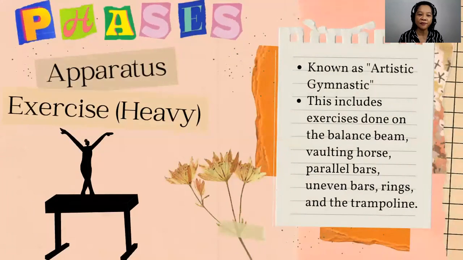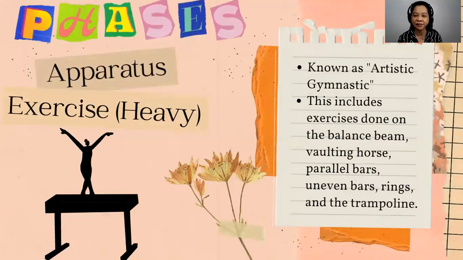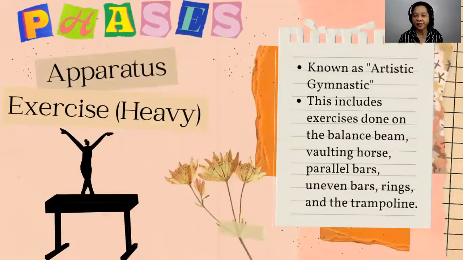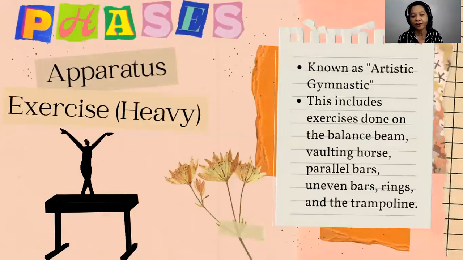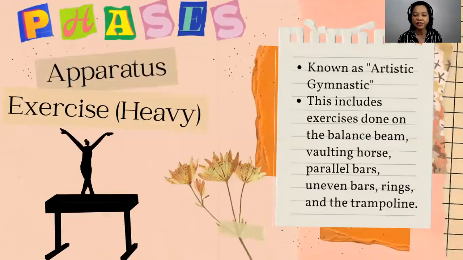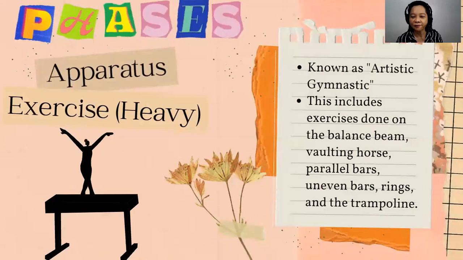And we also have the apparatus exercise or sometimes known as artistic gymnastic. So artistic gymnastic includes exercises done on the balance beam, or not an exercise but a performance. In a competition, you see that the players make use of the balance beam.